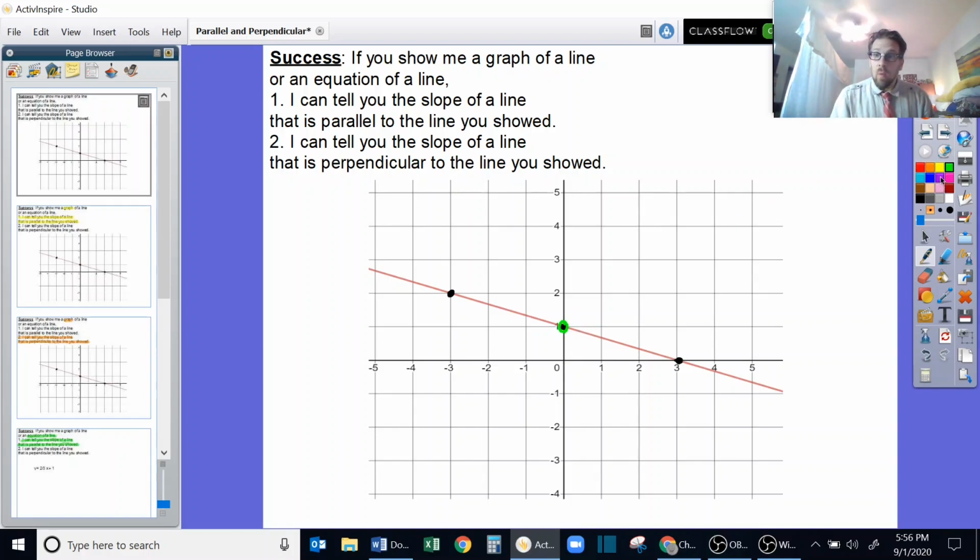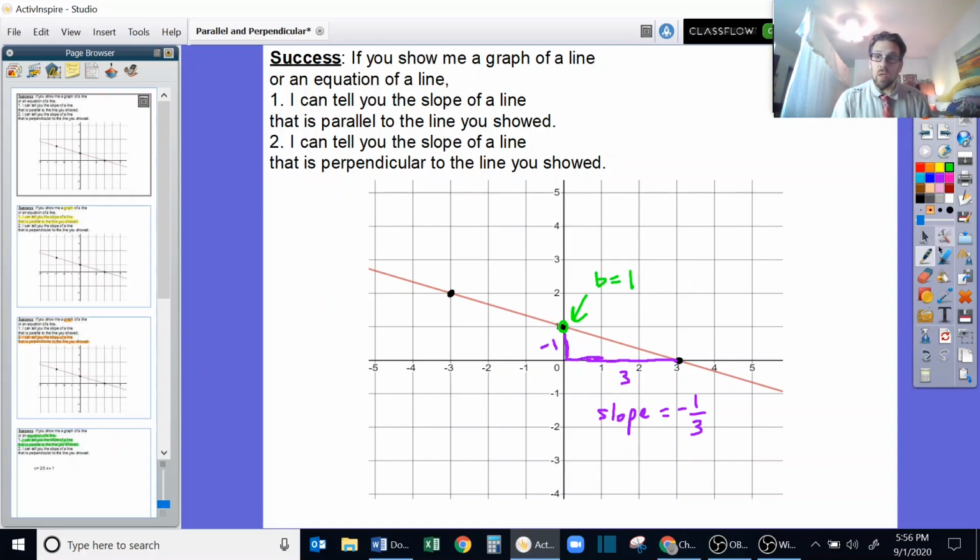And then we can see that this is decreasing, going down by 1 and going over by 3. And so our slope here is negative 1/3. Our y-intercept is positive 1. So that's our b, positive 1.